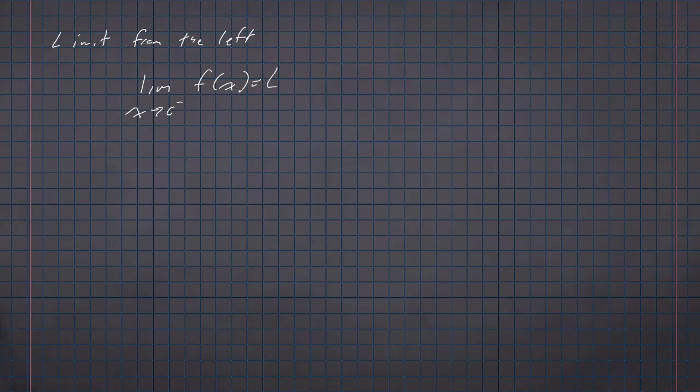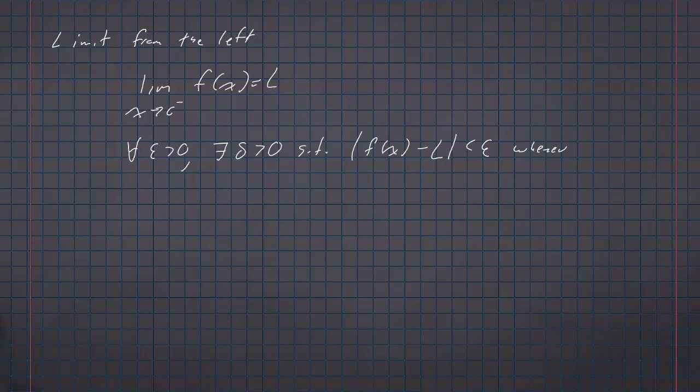The limit as x approaches c from the left, with a superscript minus, of f of x is equal to L. And we get that the absolute value of f of x minus L is less than epsilon whenever negative delta is less than x minus c is less than 0.